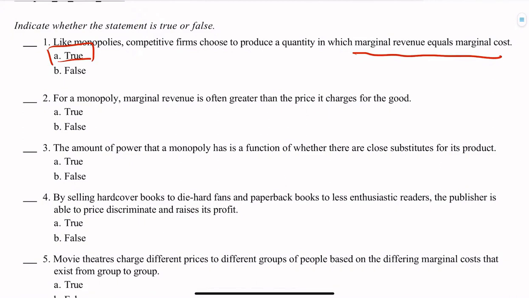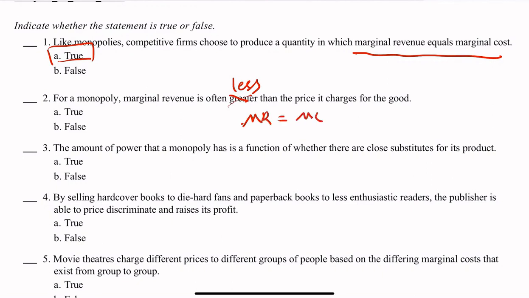For a monopolist, marginal revenue is often greater than the price it charges for the good. Well, this is incorrect. It's actually less. The reason is because for a monopoly, marginal revenue equals marginal cost.